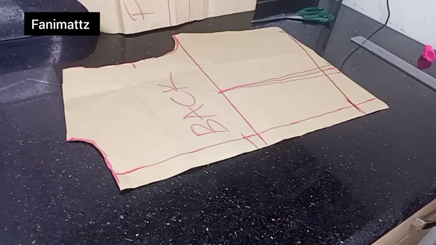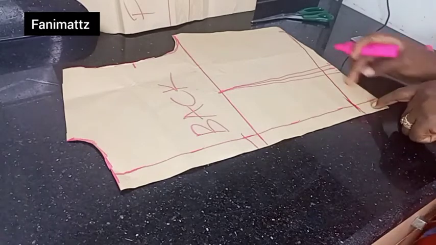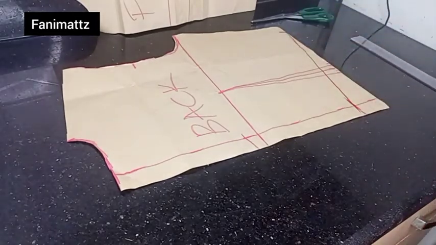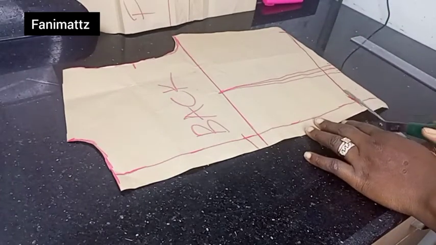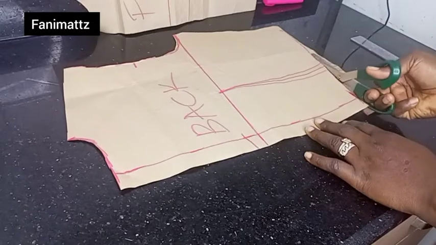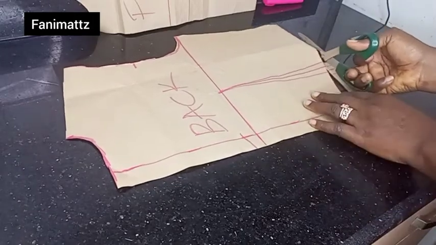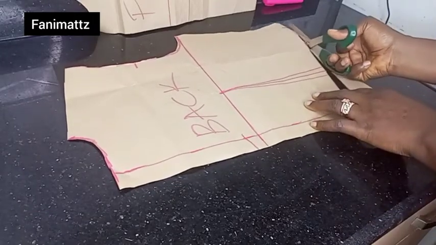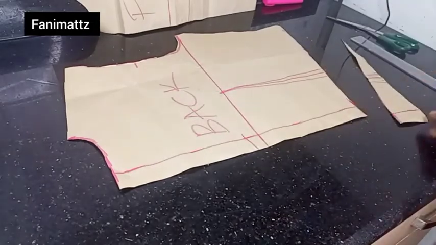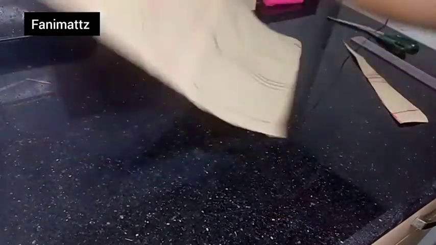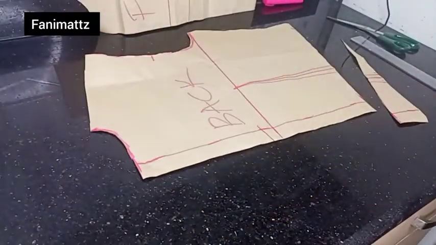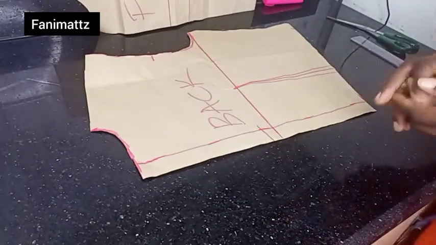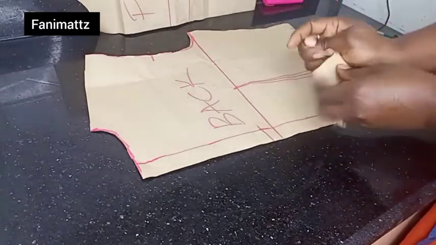I won't be needing this part, so we are going to be eliminating this. Don't be confused. I know it looks slanted, but don't worry, it's going to come out very well when you are done with your outfit. We don't need this, I'm going to be eliminating this.